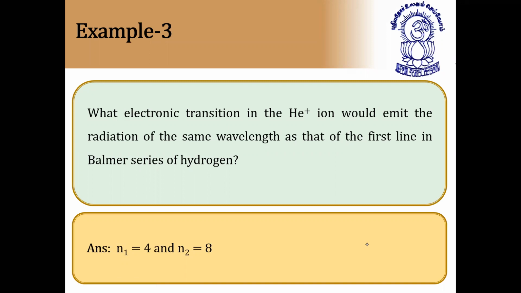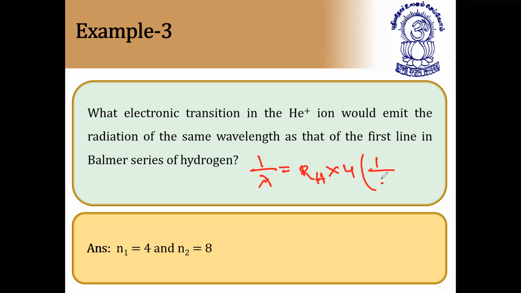So that will be the same, and this answer will be definite. I'll show you the answer now for the helium ion. 1 by lambda is equal to RH into, Z square for helium is 4, bracket 1 by 4 square, 16, minus 1 by 8 square, 64. Now if I solve this, you should get the answer 5 by 36 into RH.